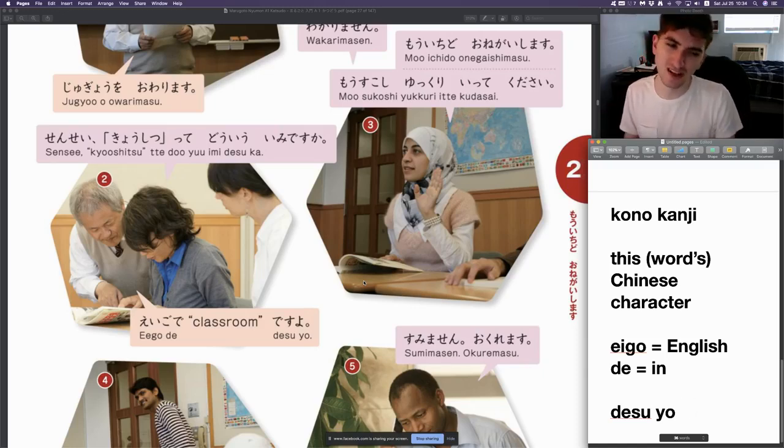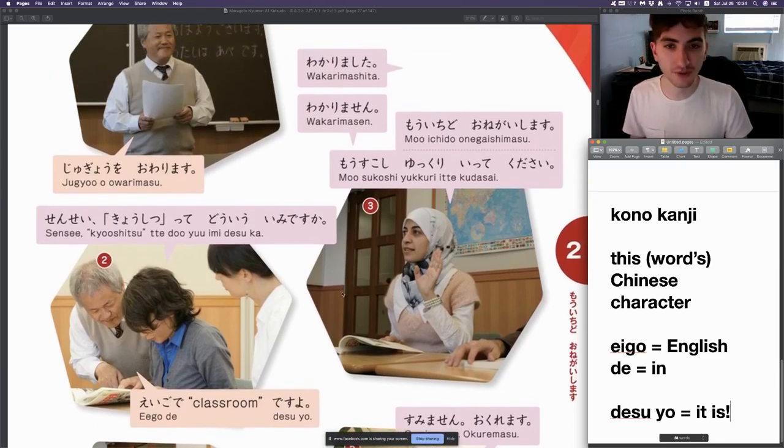There's really not an English equivalent. I could say, it is that, I don't know. 英語で classroom ですよ.